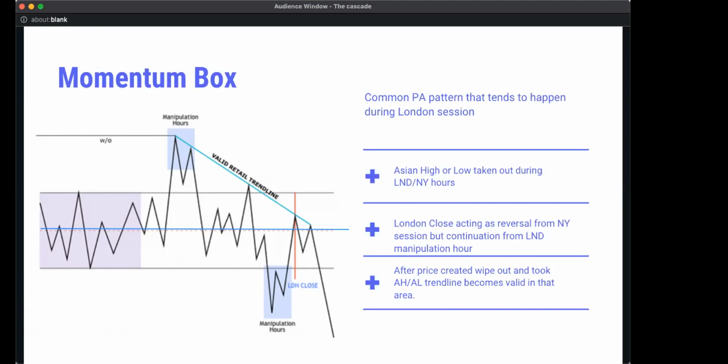We have manipulation boxes in London that start. You see the first blue box. The first London manipulation box starts around 9 and finishes around 10, 10:30.